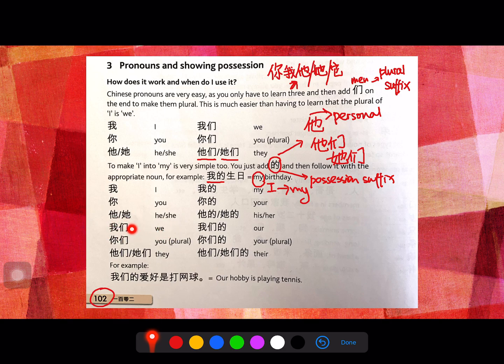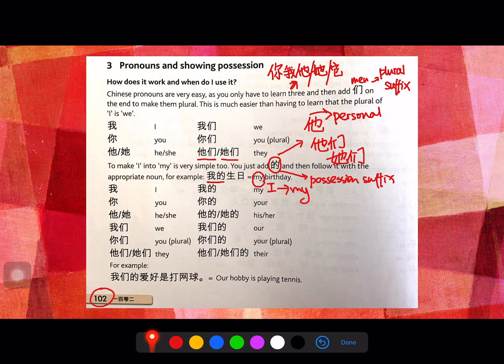And for our, you add a 的 after the word 我们, so 我们的. Then for you plural, 你们, and you want to say your, that's 你们的. And then they, 他们, you add a 的 for their, 他们的.